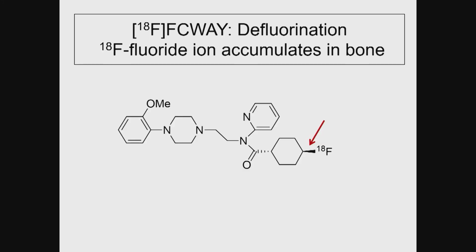So this is the structure of FC-Way, which is defluorinated, and you end up with fluoride ion here, which is taken up in bones of the body, including the skull. But it obscures the picture, and there'll be some spill-in of activity from the skull into the surrounding neocortex.